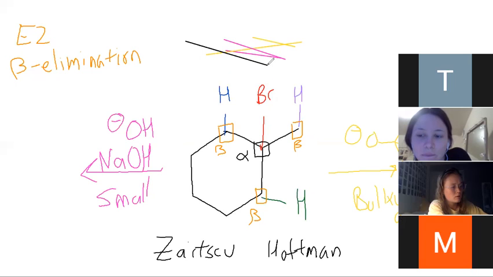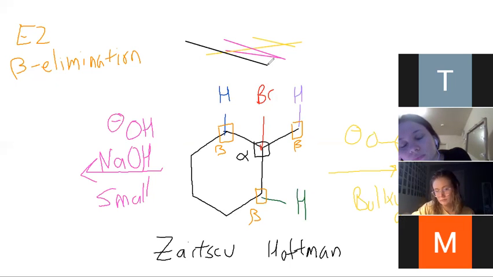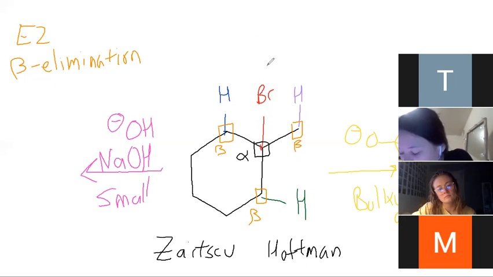Okay, so Zaitsev and Hoffman are just named after the scientists who discovered these reactions. And the idea is that when the scientists did these reactions, essentially what they found out is that Zaitsev did these experiments the same time that Hoffman was doing experiments.